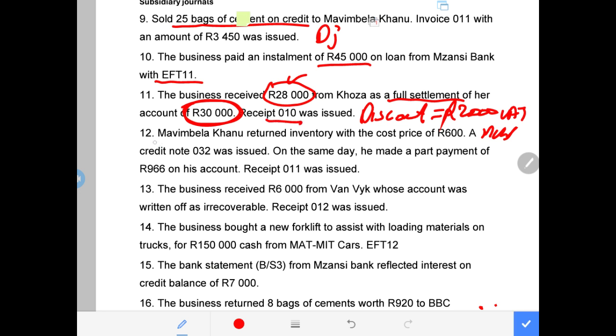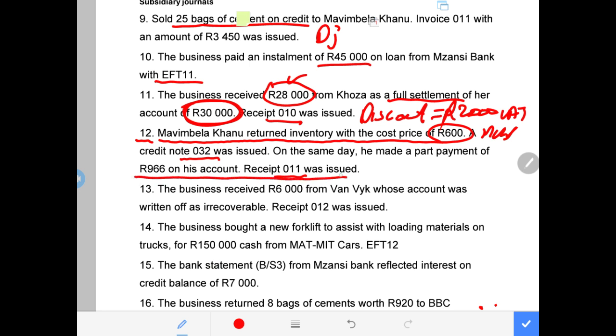There the receipt number 12. Mavimbela Kanu returned inventory with a cost price of 600, and a credit note of 032 was issued. That is our document number. On the same day, he made a part payment of 966 on his account, with receipt number 011.